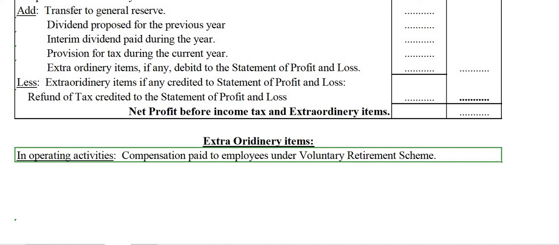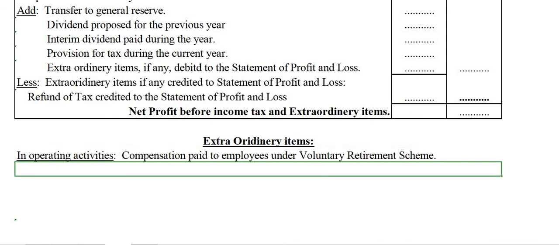If an employee takes VRS, that means willingly the employee is taking retirement. So at that time we have to pay compensation to them. So that will be an extraordinary item for operating activities. Like that, extraordinary item for investing activity is claim against damage of fixed assets.